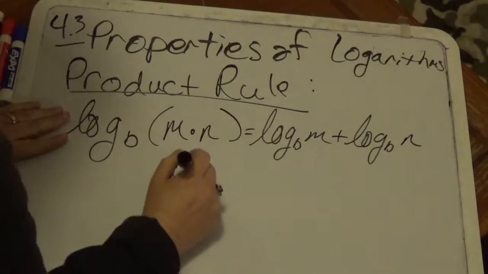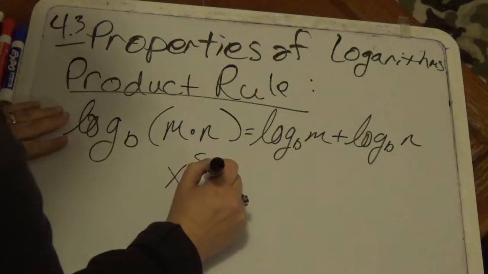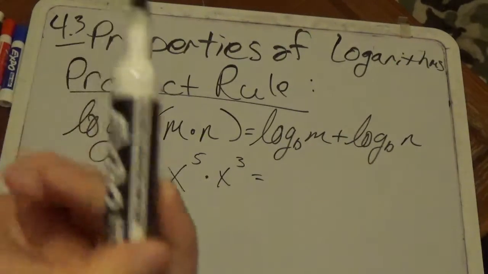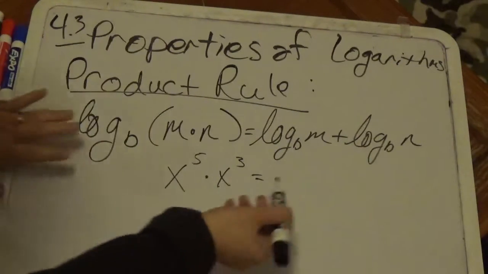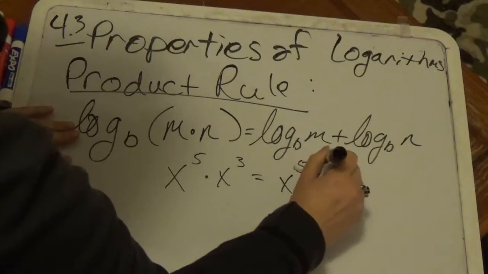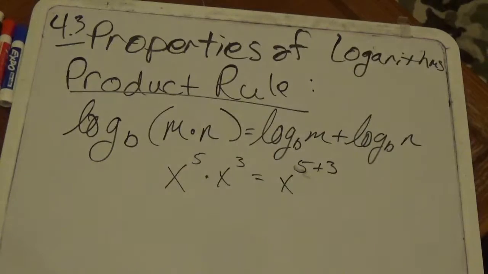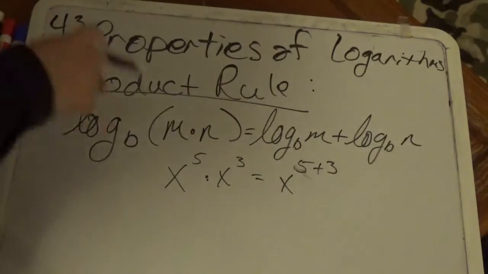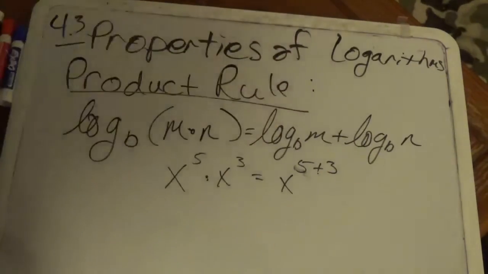If you think back to if you had x to the fifth times x to the third, what did you do with those exponents when it was multiplication? You added them together. So that was x to the 5 plus 3. Okay, so I just wanted to point out that it's very similar. Multiplication equates to addition.